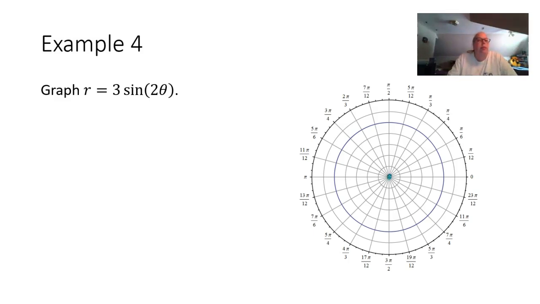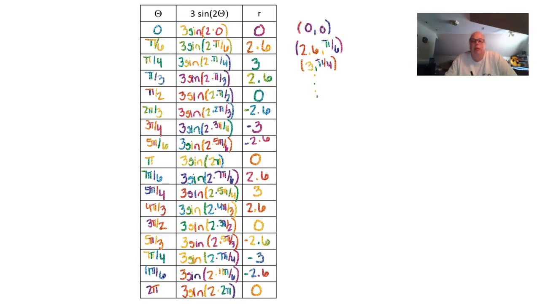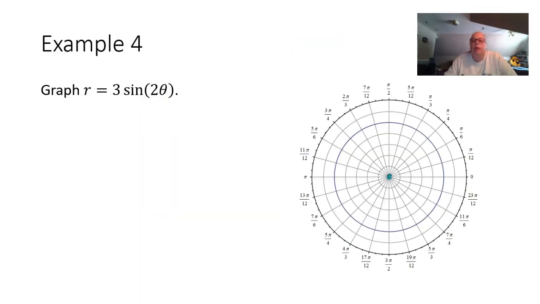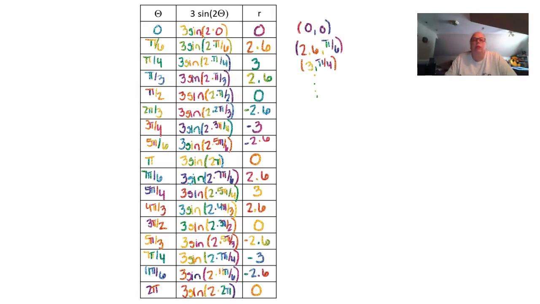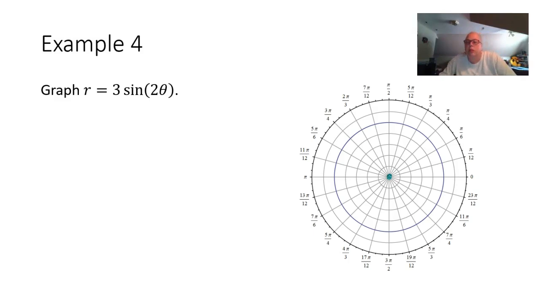Zero, zero. Good, okay. All right, so pi over 6 and 2.6. 1, 4, 7.